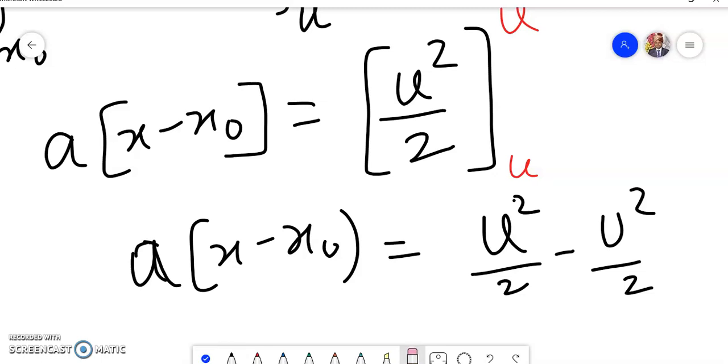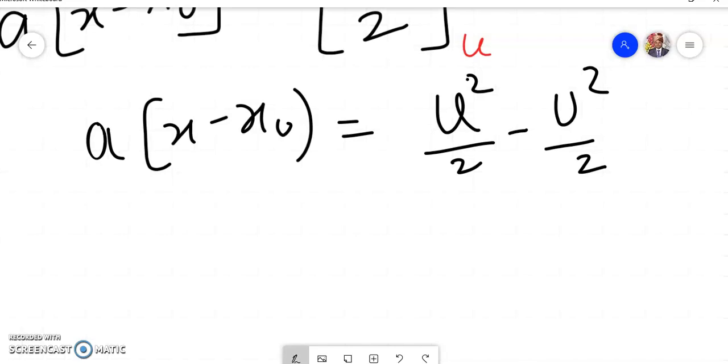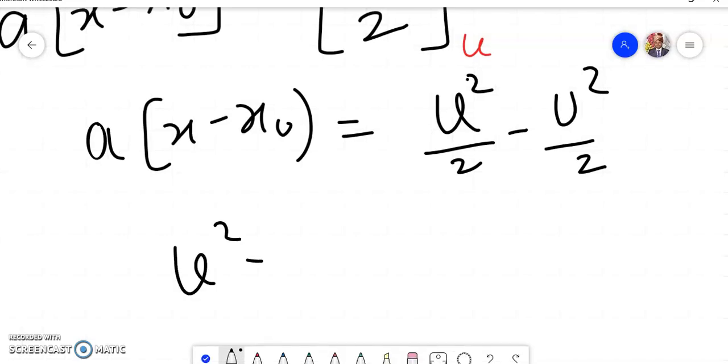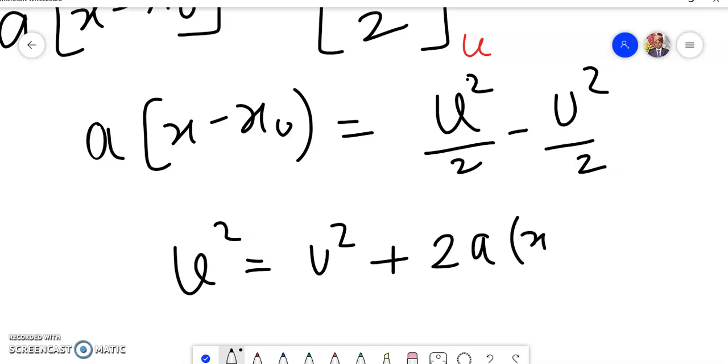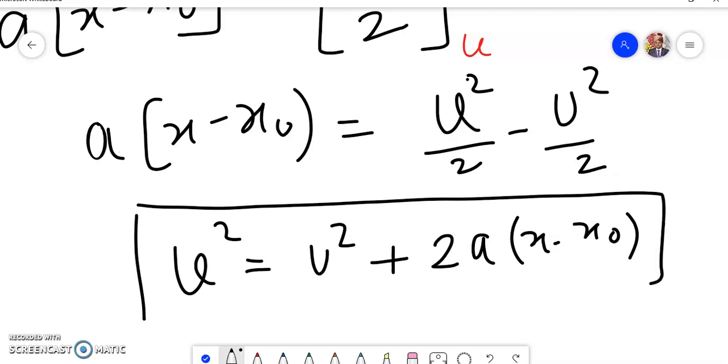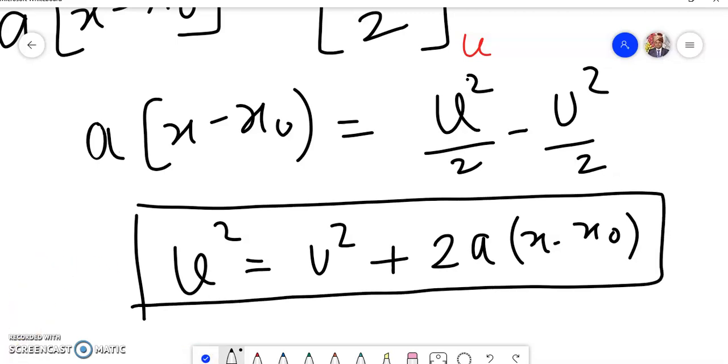So lastly, what you get is this result, that v square is equal to u square plus 2a into x minus x0, which is in the form v square is equal to u square plus 2ax or 2as. This is all for the equations of motion.